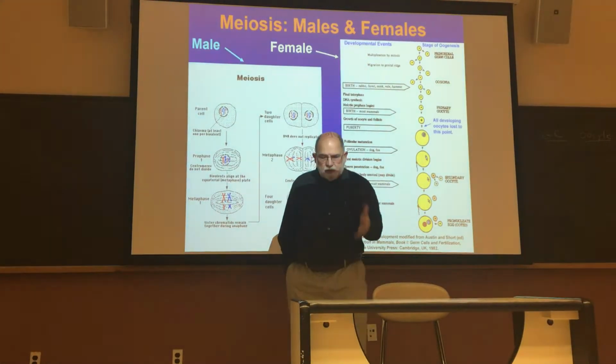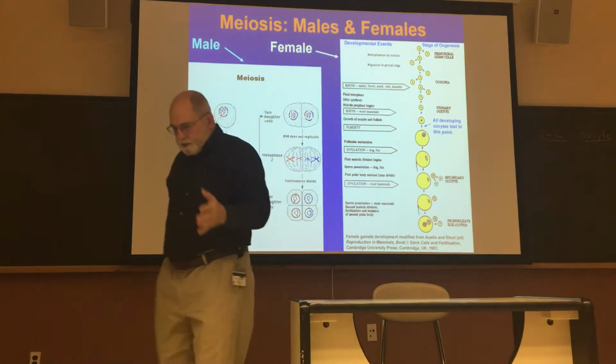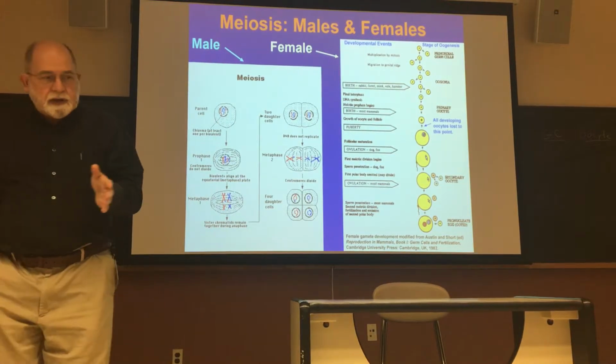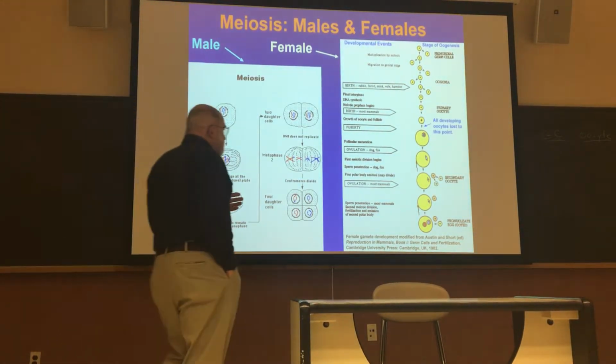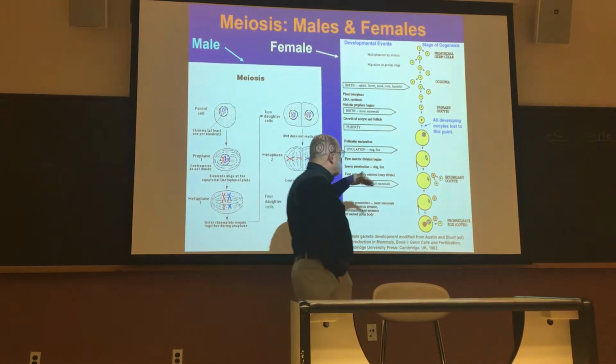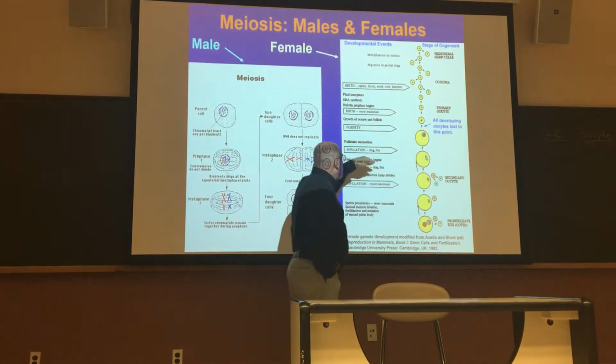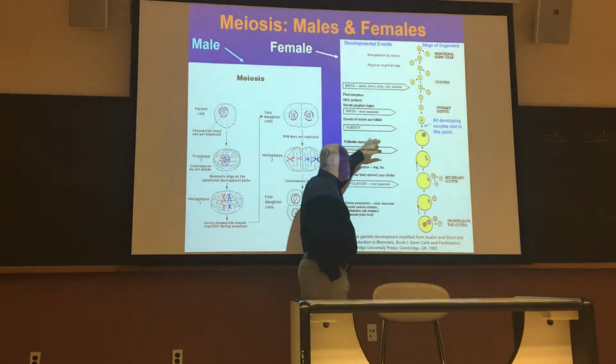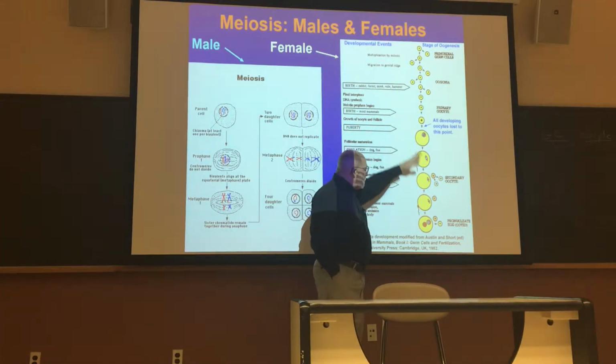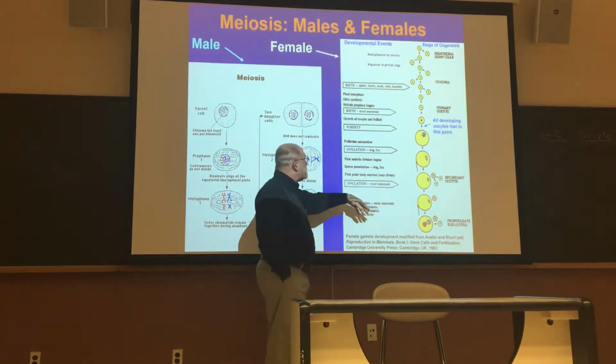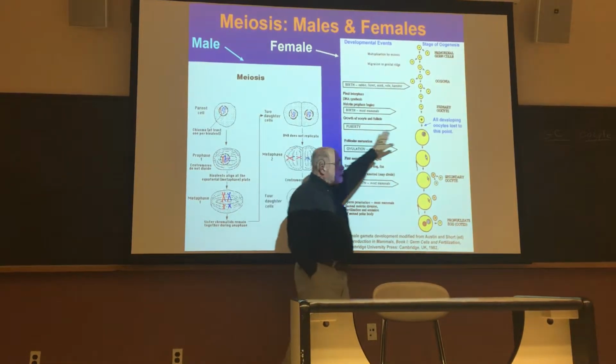triggers, either chemical triggers, biochemical triggers, endocrinologic triggers, or actual cell-cell interactions to move from one stage to another. So these cells can't go on to full completion of meiosis until after puberty.